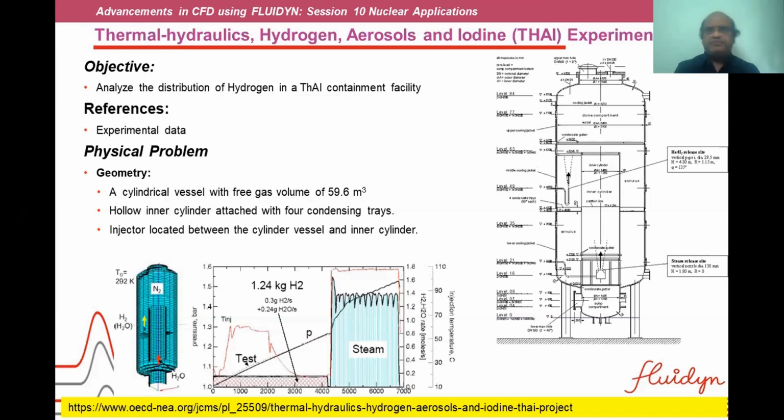The THAI program basically consists of a cylindrical vessel with a volume of 60 cubic meters. And it has many facilities to perform various types of experiments, like injecting steam or liquid water into the vessel, and also injecting hydrogen at various levels, or conducting explosion experiments, and so on.